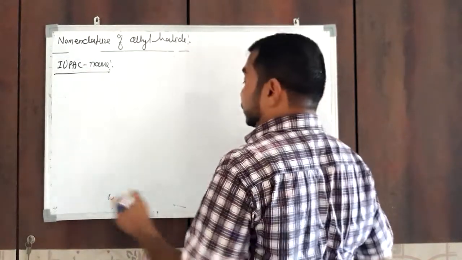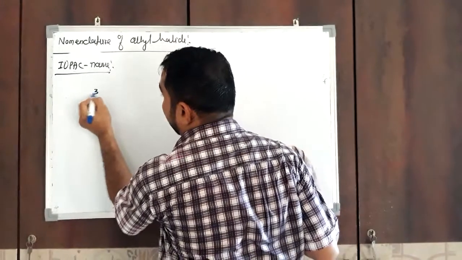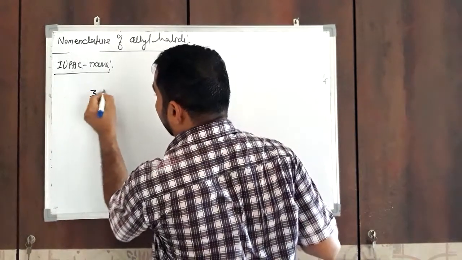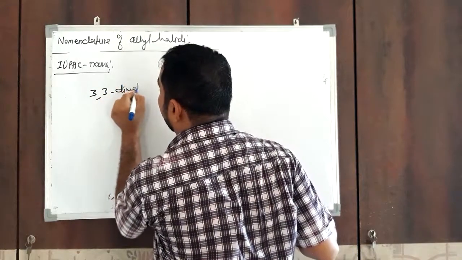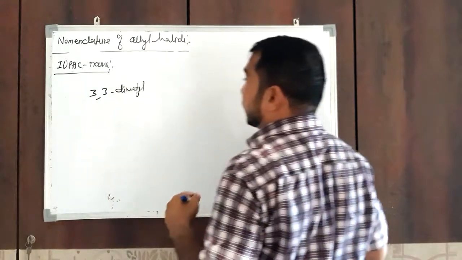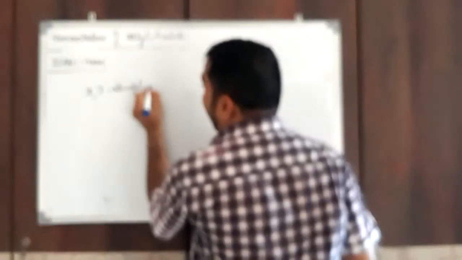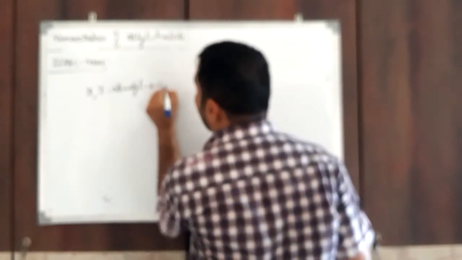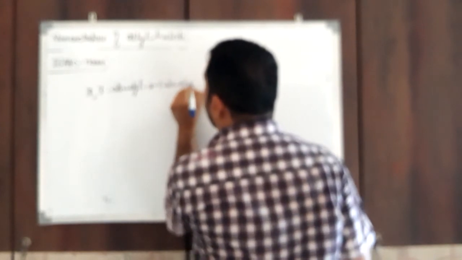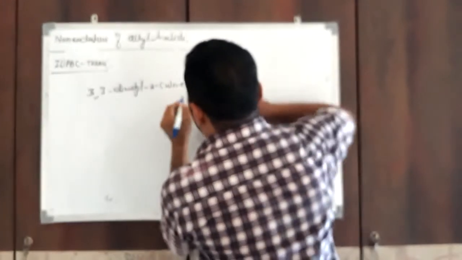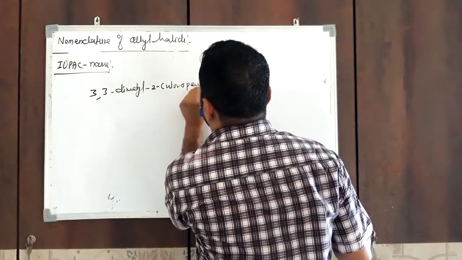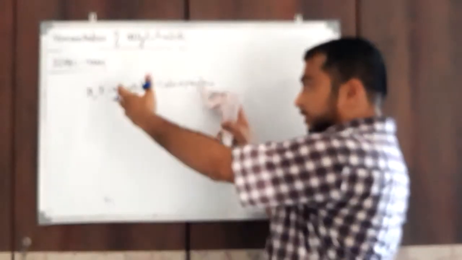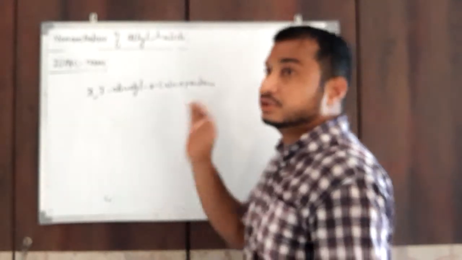For example, 3,3-dimethyl-2-chloropentane. This is the IUPAC name of an alkyl halide. From this name we have to draw the structure.